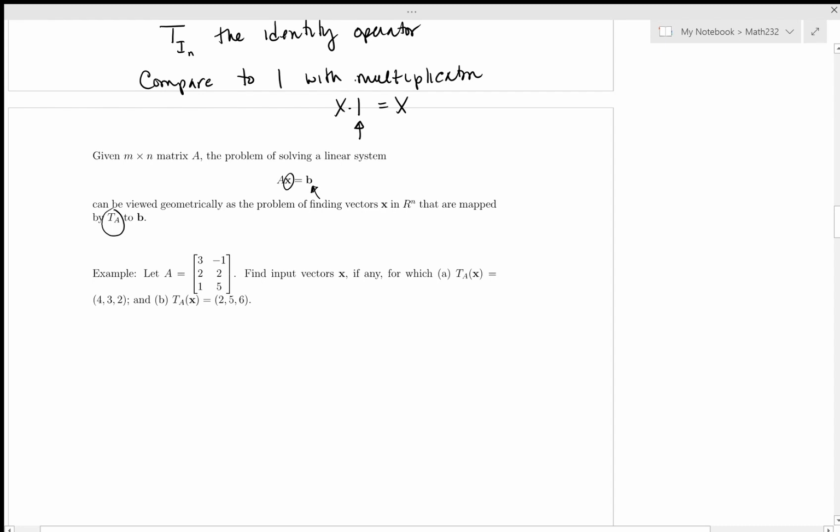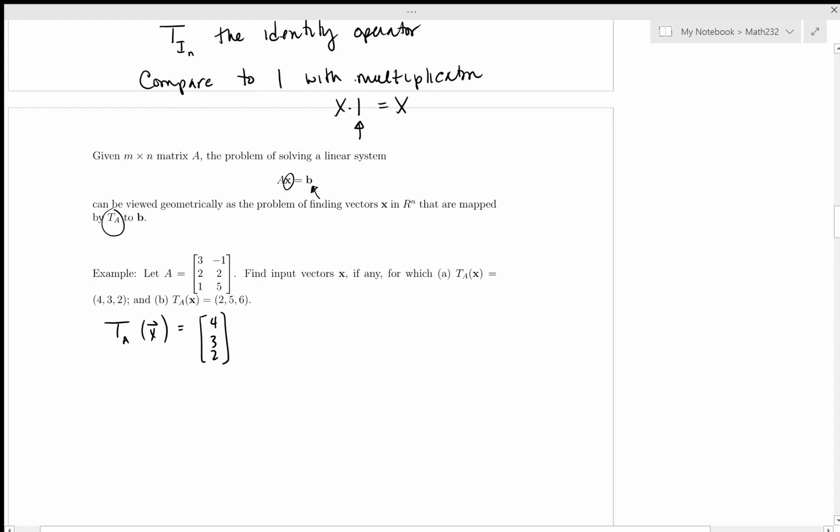So if we have the matrix A, we could ask the question: find the input vectors, if any, for which T sub A of x is 4, 3, 2. So we want the transformation defined by that matrix A, operating on x, to give us the vector 4, 3, 2.